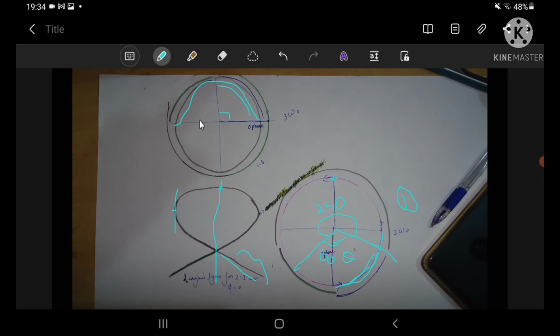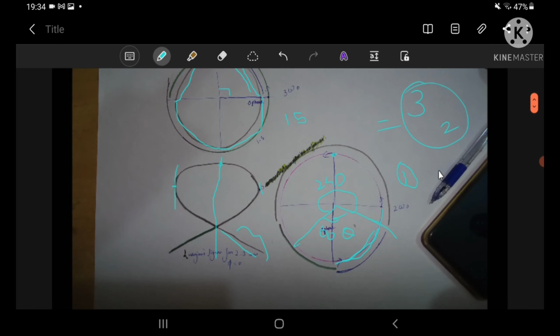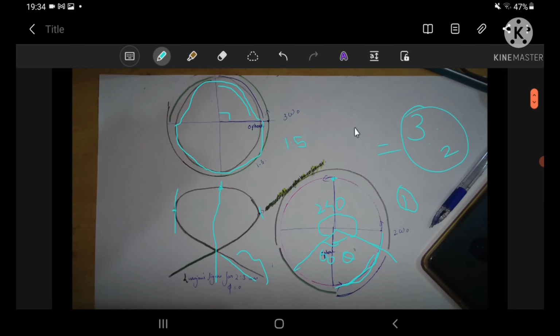Then from here to here you need to move again 180 degrees, and you reach here. Then again from this point to this point you move 180 degrees. So it's 1.5 rotations, right? So 1 is to 1.5, which is 2 is to 3. That is what our omega is, and that's what our angle of rotation, theta, needs to be.